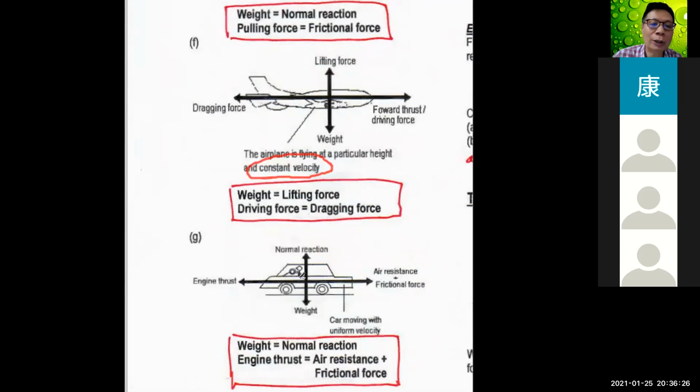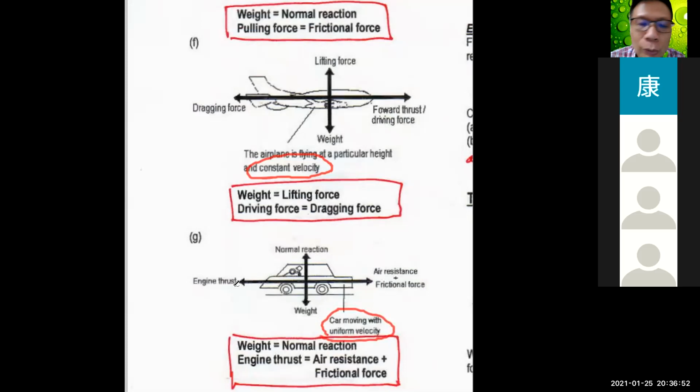You have to know the names of the forces. When the car is moving, sure got air resistance. Weight, normal reaction, engine thrust, and air resistance, four. Understand? Weight and normal reaction are the same, whereas the engine thrust and the air resistance are the same. So altogether, resultant force is 0, so the car will travel with uniform velocity.